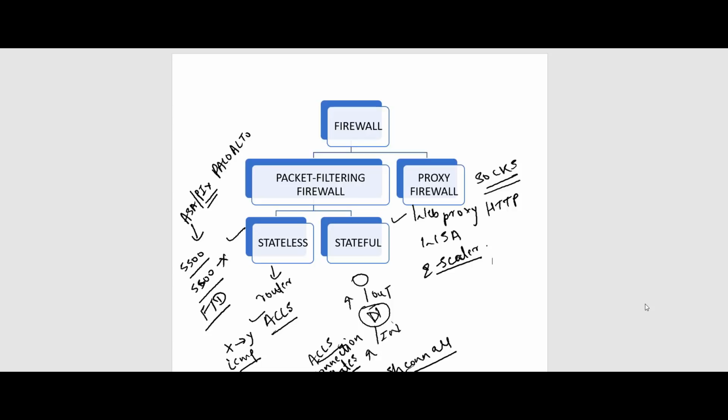SOCKS proxy is not used very widely in enterprise networks. People have started using web proxy more in their environments.